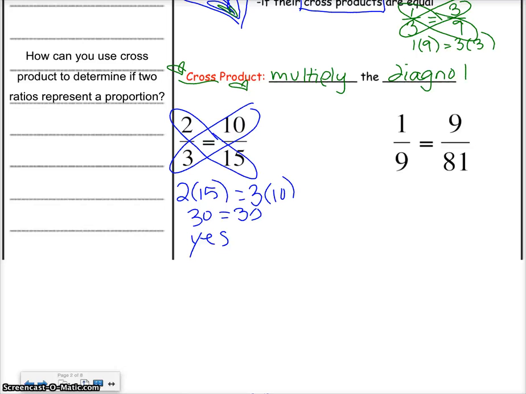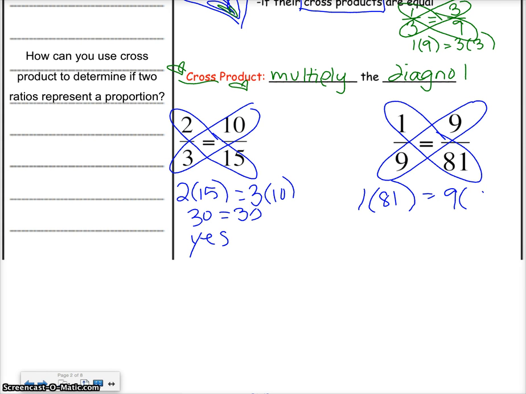If you can use mental math, do it. I'm just using the one that is the most helpful when you can't use mental math. This one, again, you can use mental math. You can times 1 by 9 and 9 by 9 to get the other fraction. But the way that will never steer you wrong is the cross product. Does 1 times 81 equal 9 times 9? Yes, it sure does. 81 equals 81. Yes, these two fractions or ratios are proportional.